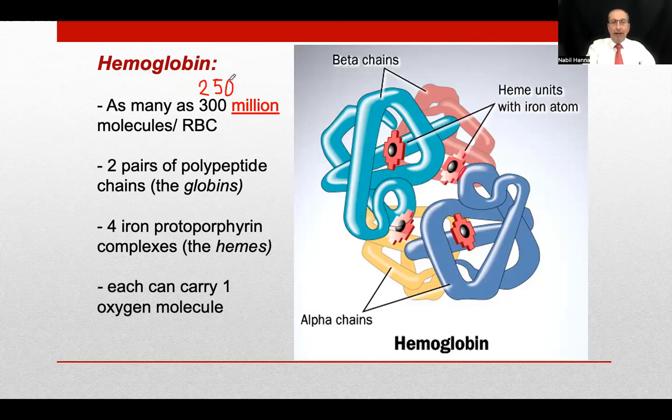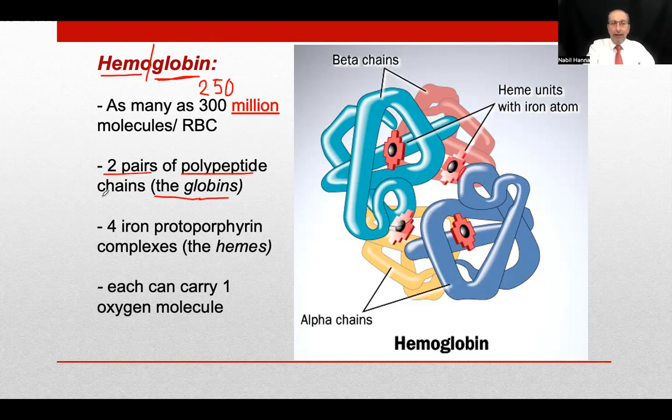The hemoglobin, as the name implies, is made of globin, which is a protein, and heme. It's heme and globin. The globin includes two pairs of polypeptide chains.